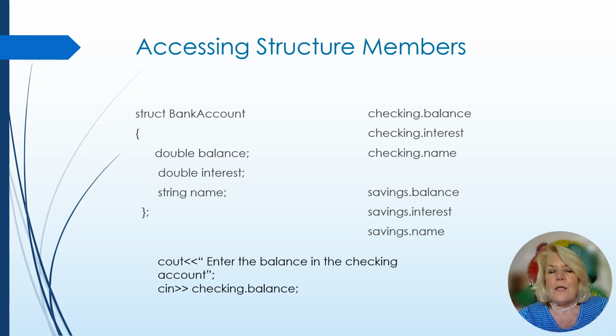If you created another struct variable called savings, you could access the members of that by doing savings.balance, savings.interest, and savings.name. So at the very bottom of the slide, it shows a portion of a program where you ask the user to enter the balance in the checking account, and then whatever they give as a value is assigned to checking.balance.